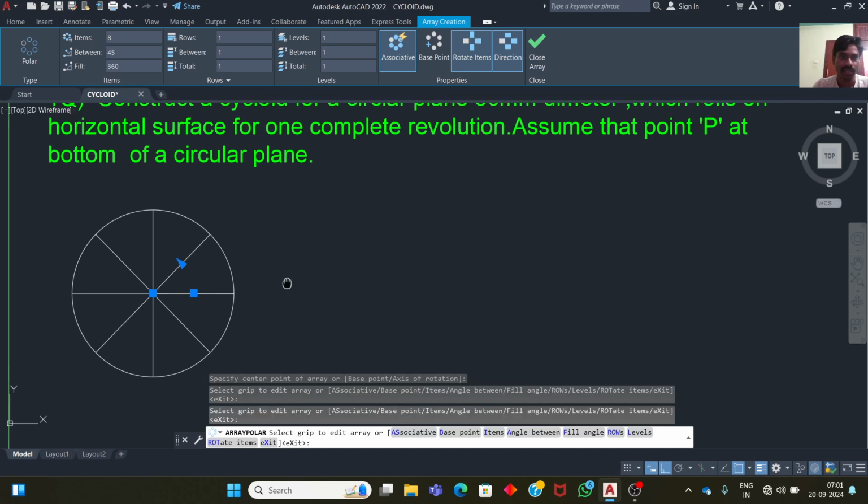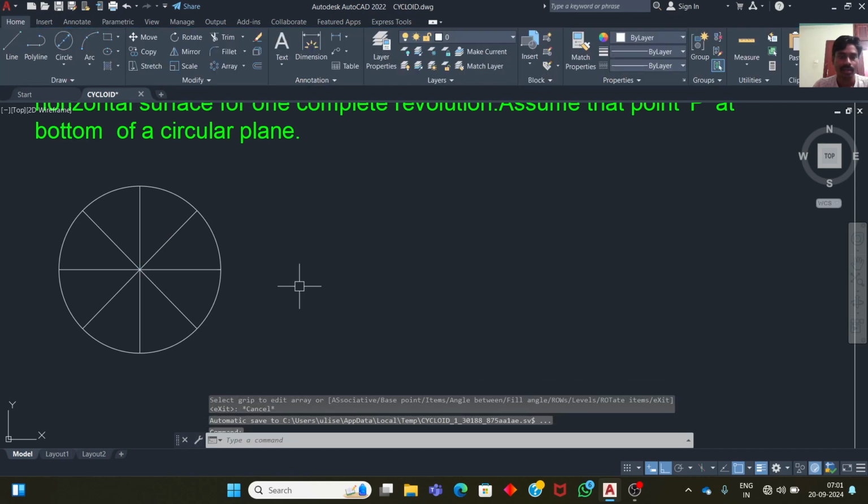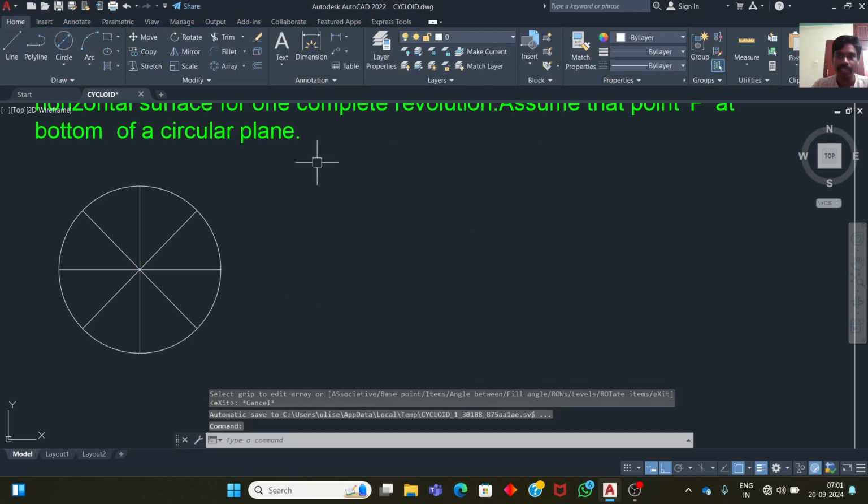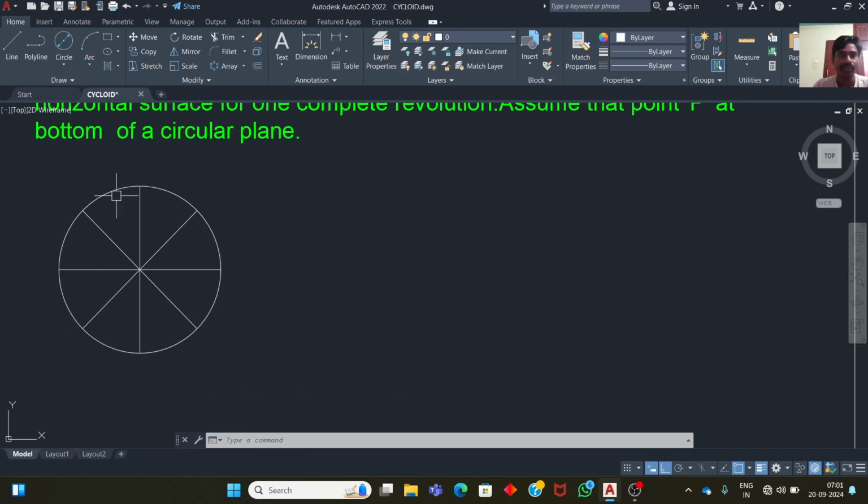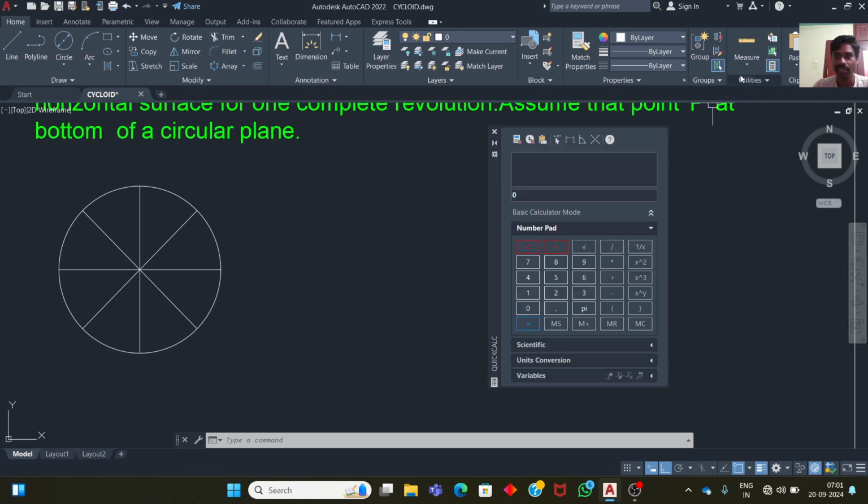Next, we need to find the circumference of the circle. For that, we have a calculator here. In utilities, we have a calculator option.